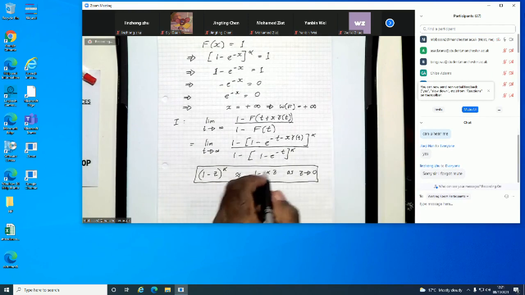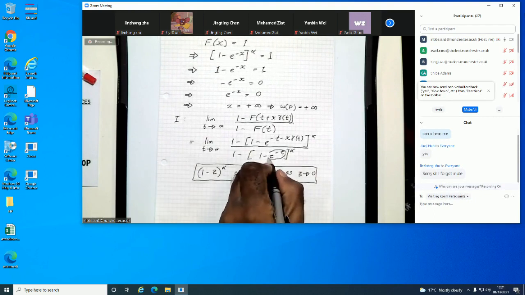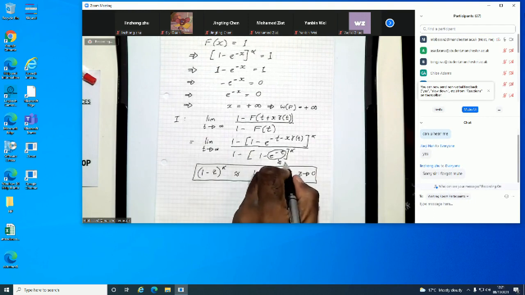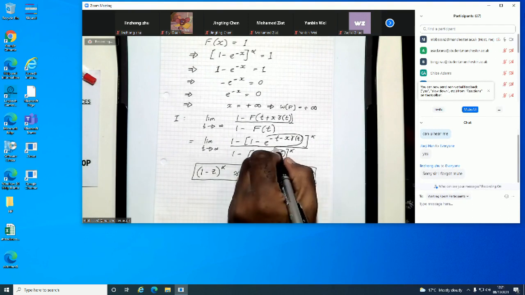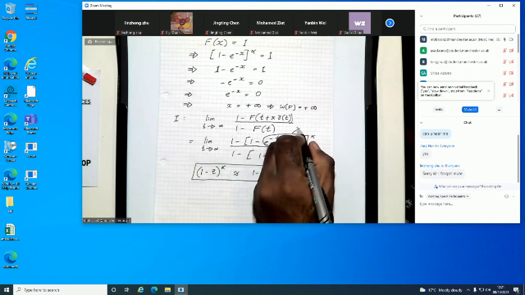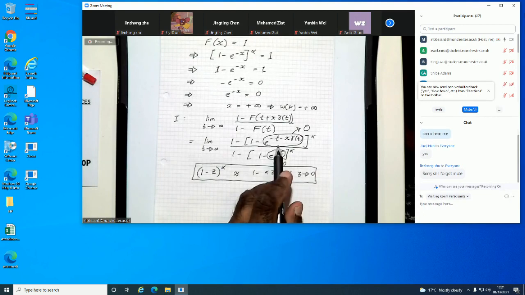Now, as you can see, as t goes to infinity, this goes to 0, right? And so does this one. This also goes to 0 as t goes to infinity. So we can use this result here. You follow what I'm saying? Because in order to use this result, you need to make sure that this term z approaches 0, which is the case here, right?